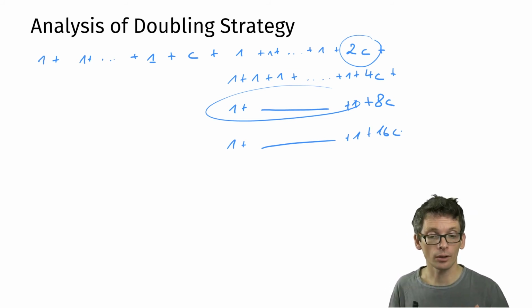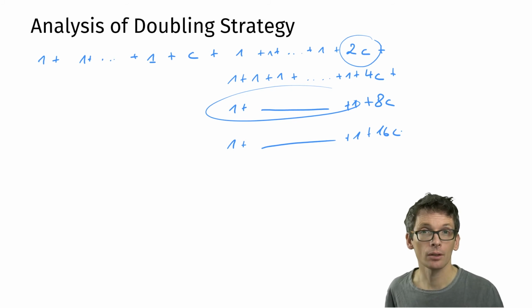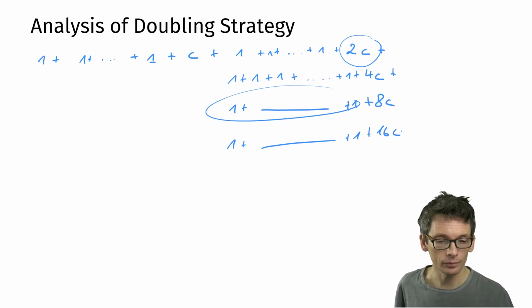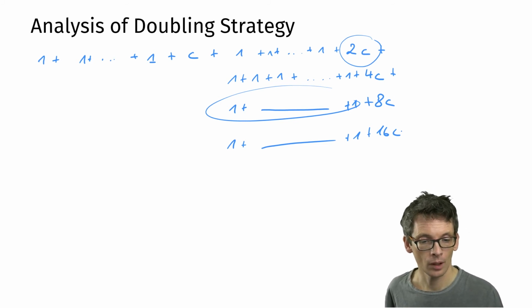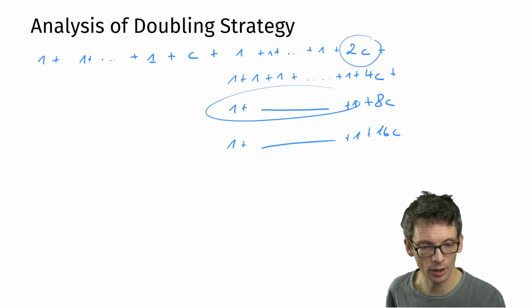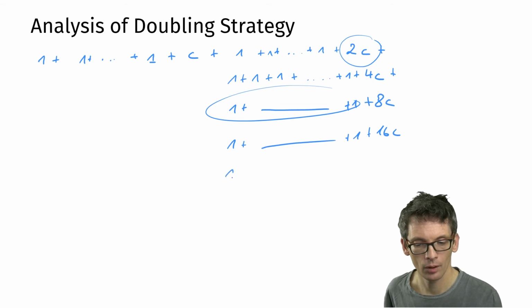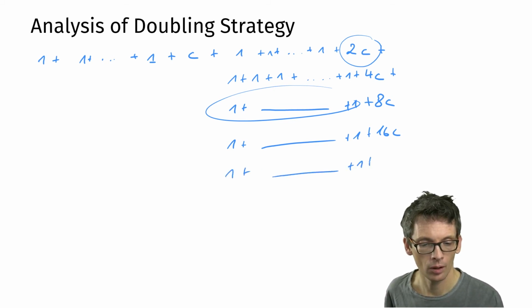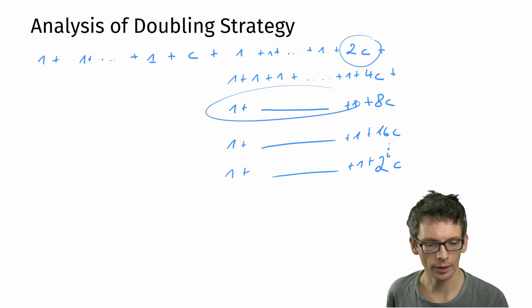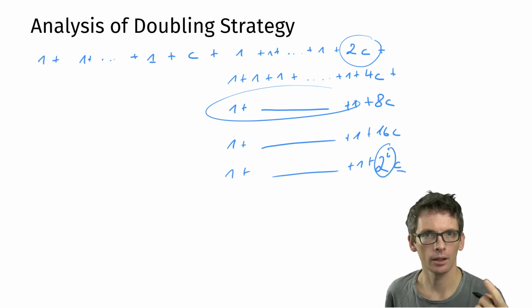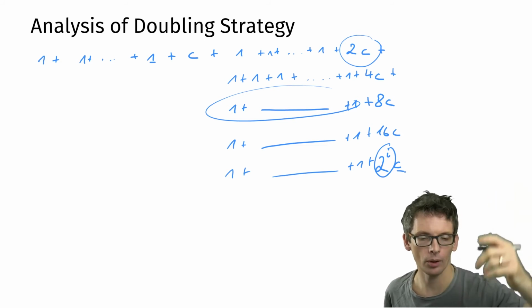So how long does this continue? This continues again until we hit n. And when do we hit n? So this is a series of the type 2 to the i times c. It continues until this term times c would go beyond n.